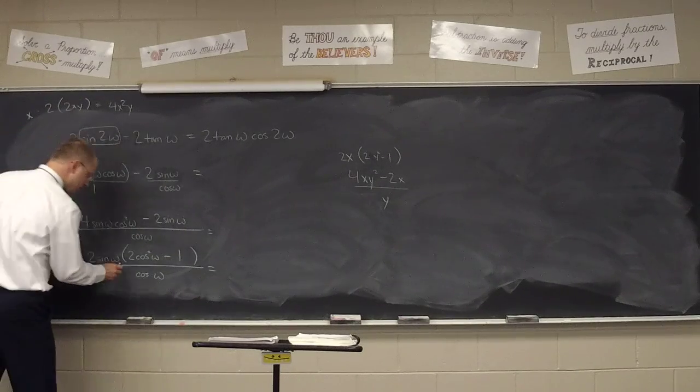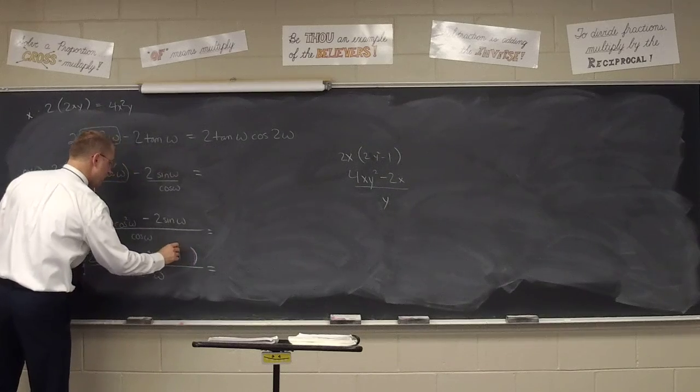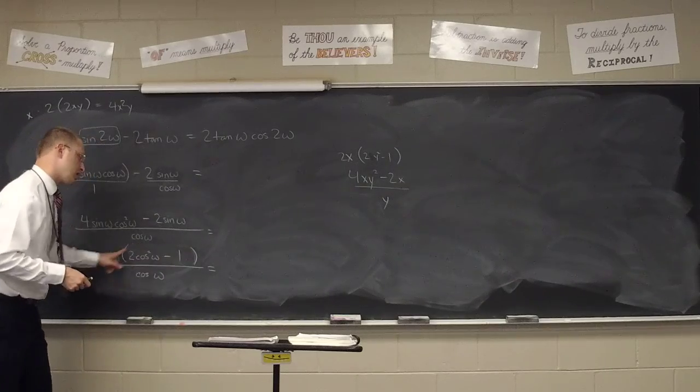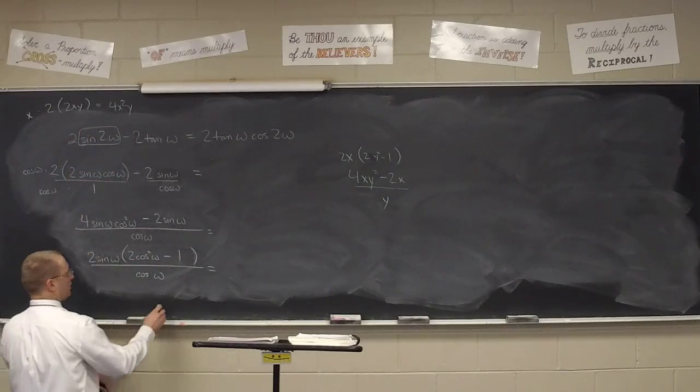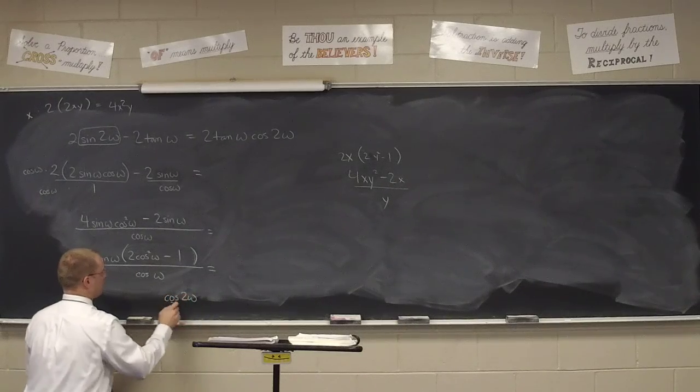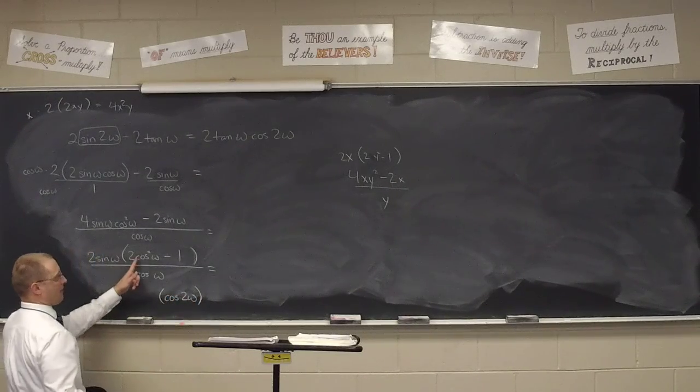Now, thoughts on this 2 cosine squared omega minus 1? We've seen 2 cosine squared minus 1 before. That's cosine double angle. So this whole parentheses just becomes cosine 2 omega. That's what all that becomes.